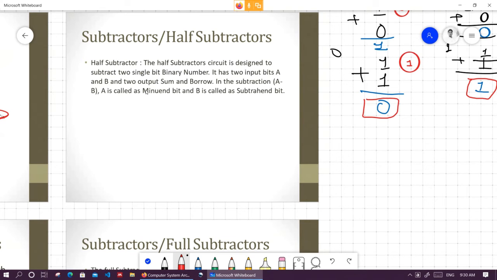That means if there is a carry or borrow generated, it will be present, but no borrow in. That means if a borrow is coming from the previous bit, it cannot be considered with the help of half adder.